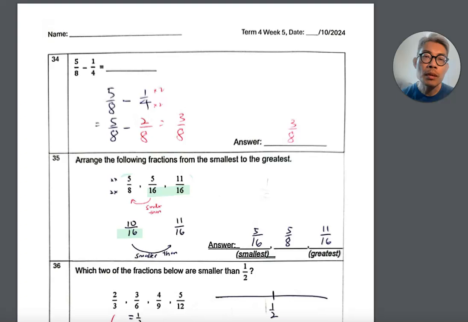How? Times 2, times 2, I have 10. Now, what am I comparing? I'm comparing 5, 11, and 10. So the smallest number will be 5. So 5/16 is here. The largest number is 11. So I put down 11/16 here.